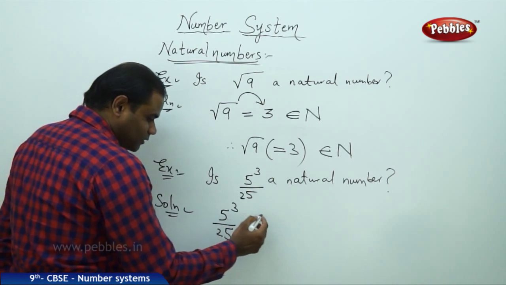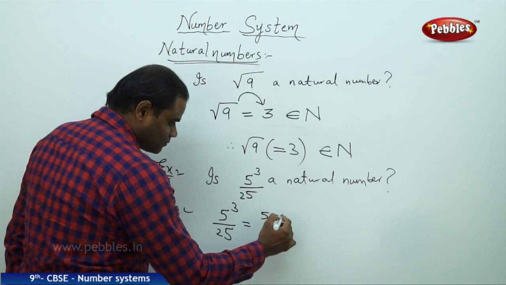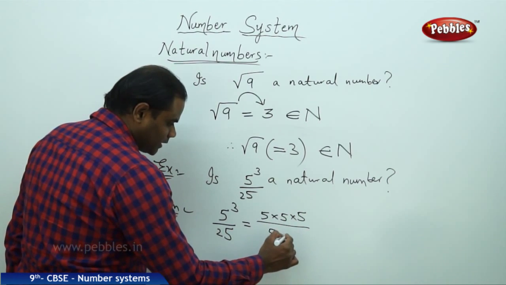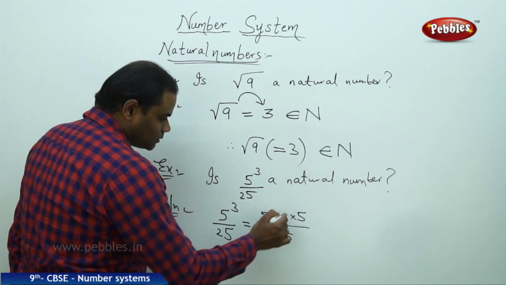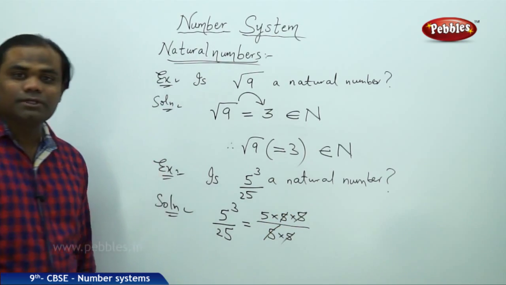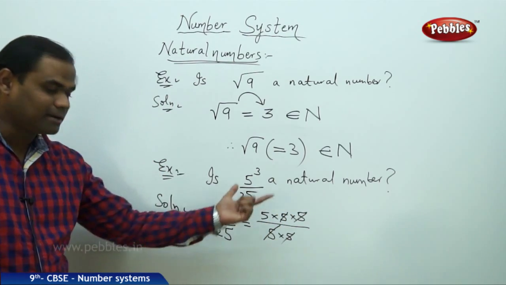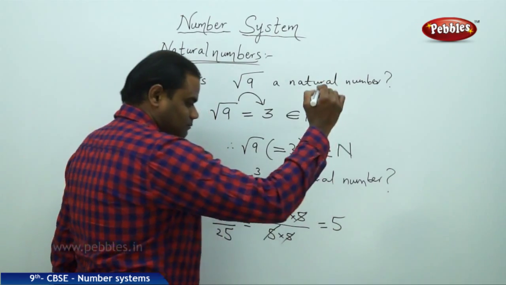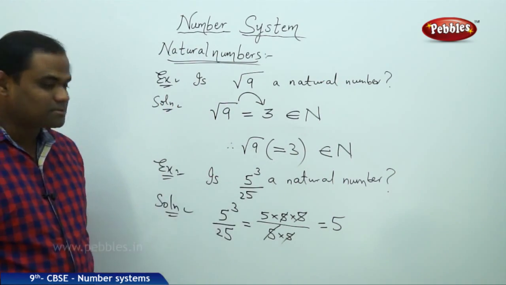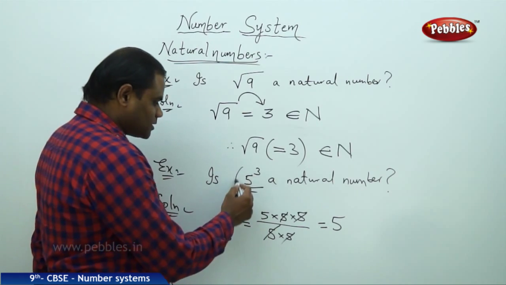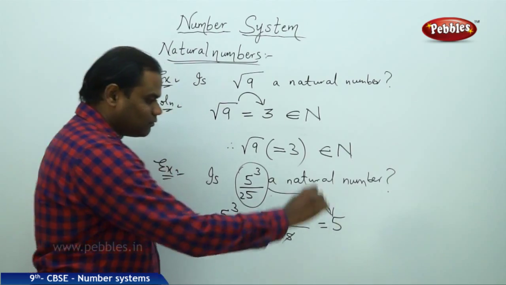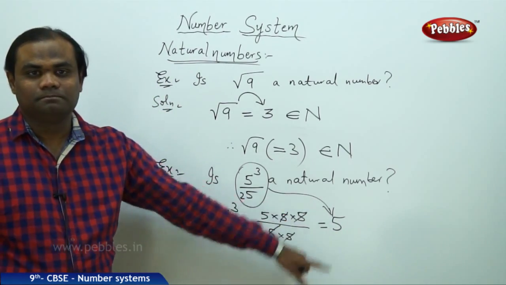Now we know that 5 cube is 5 times 5 times 5, and 25 can be written as 5 times 5, and then the two 5's get cancelled out here. Then finally I am left with only one number, which is 5. And that clearly makes me understand that the given question 5 cube by 25 is nothing but indirectly the simplified form of 5.